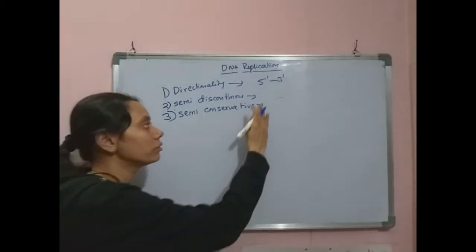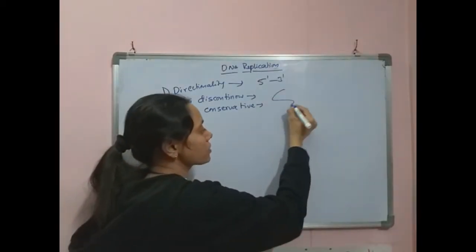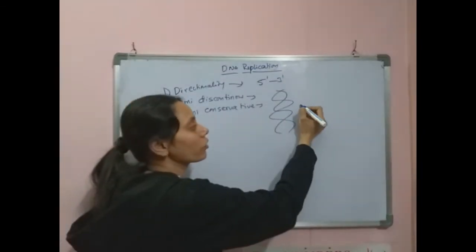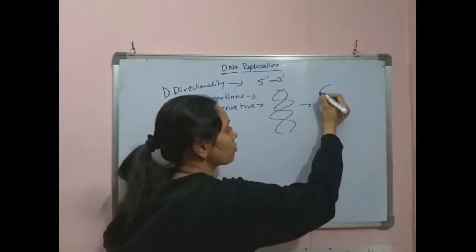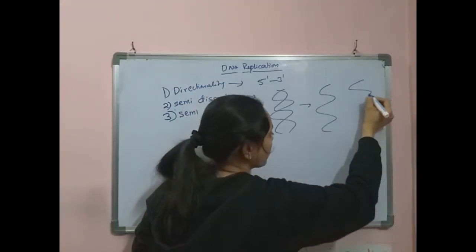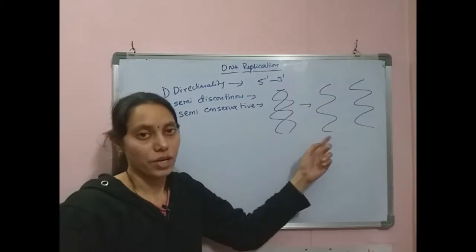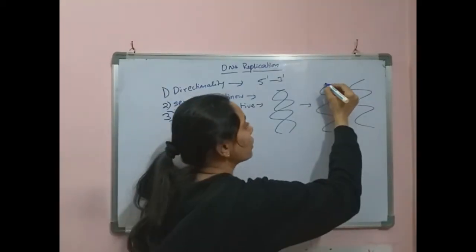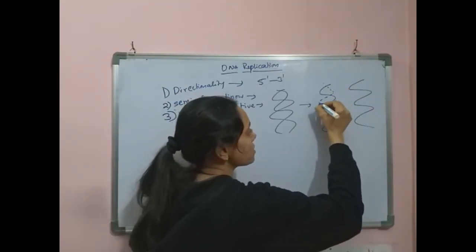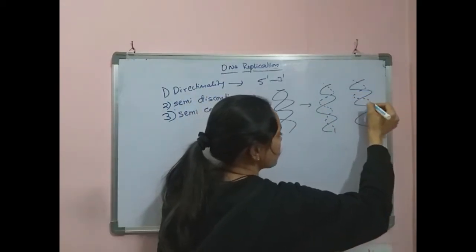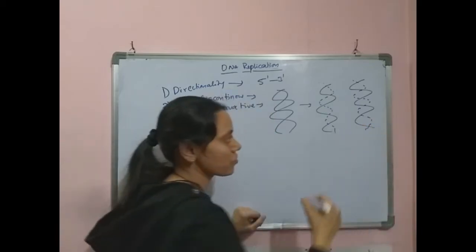Here, this is a parental DNA, and if it goes for replication, two daughter DNAs will be formed, and each daughter will get one parental strand, which acts as a template to copy down the complementary strand, which is the newly synthesizing strand.